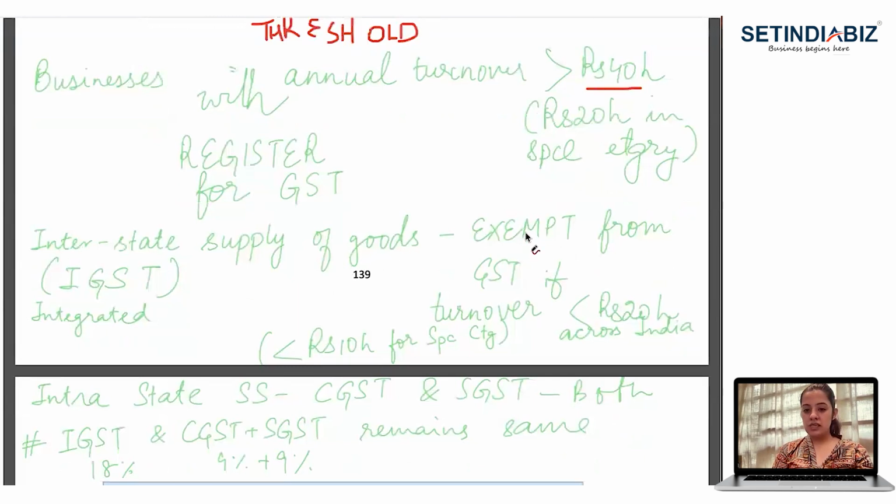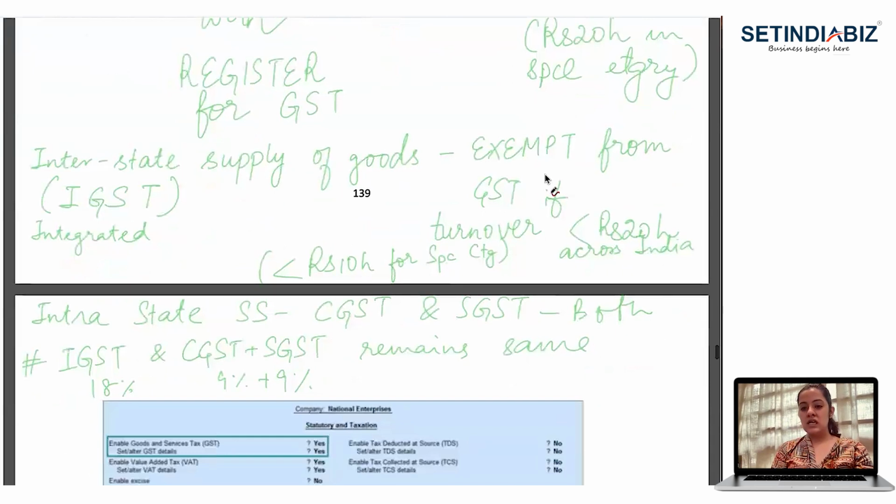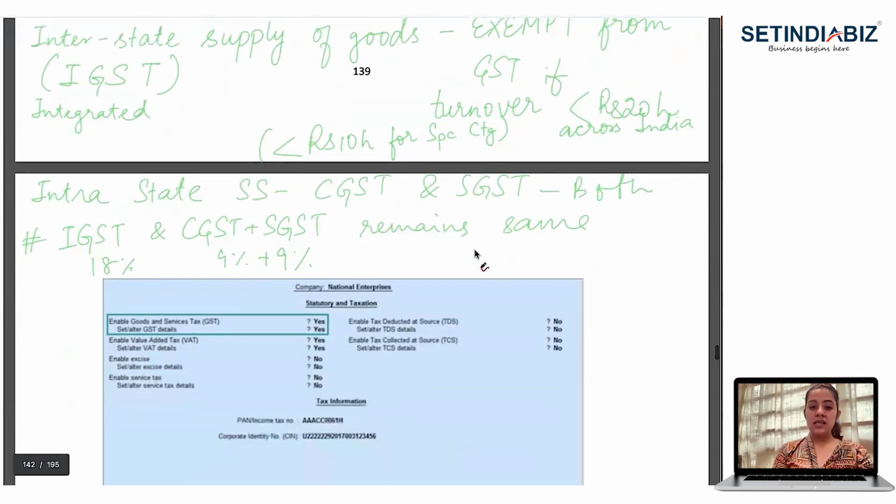Interstate supply of goods is exempt from GST if turnover is less than rupees 20 lakhs across India and rupees 10 lakh for specific categories. So IGST is exempted if your turnover is less than 20 lakhs and 10 lakhs for specific categories.